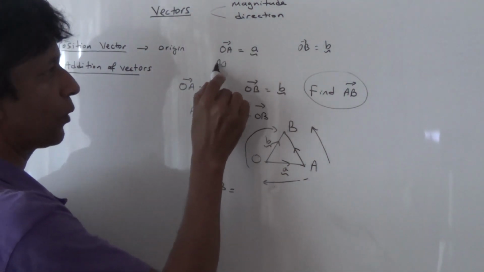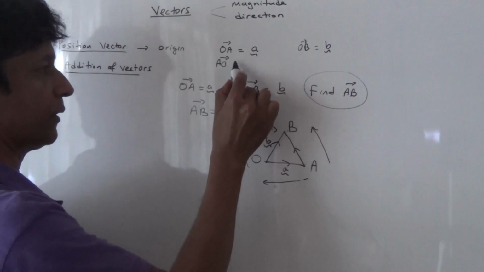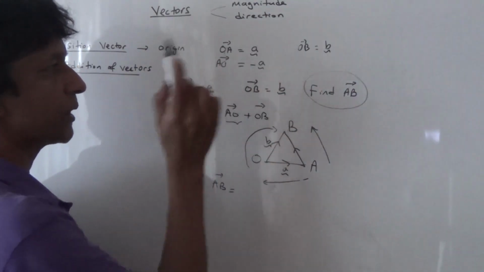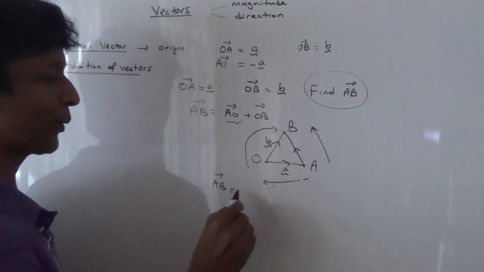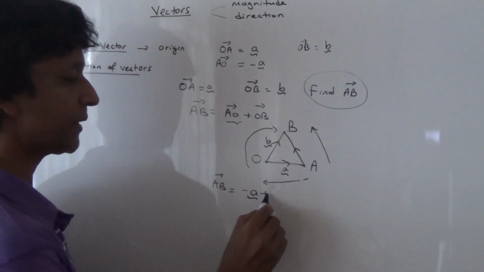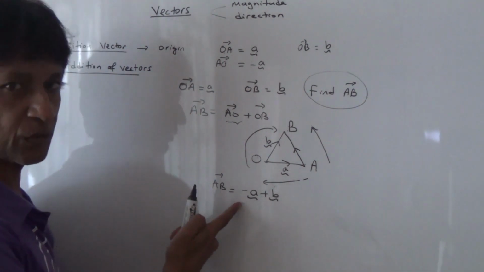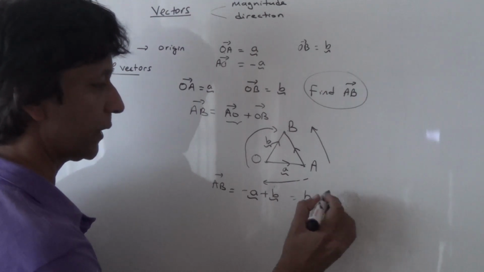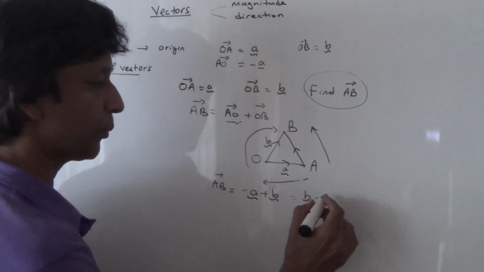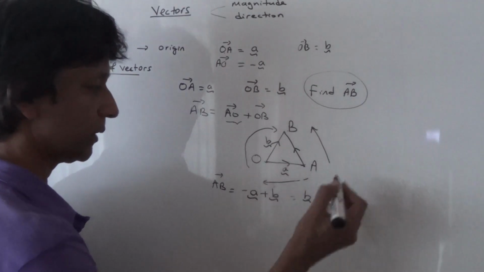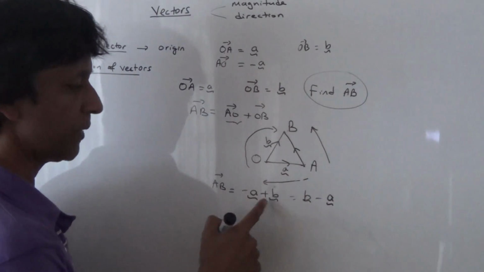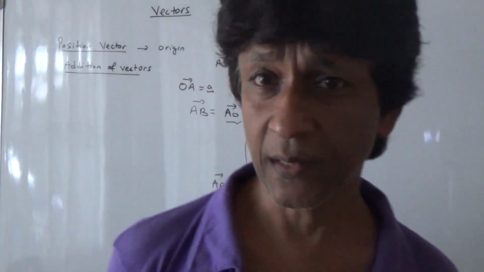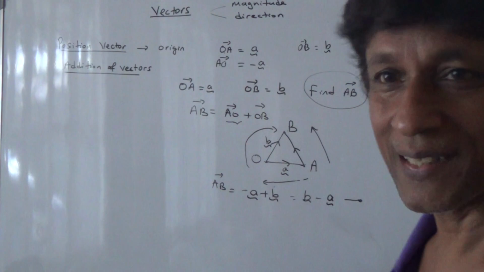Therefore AO is going to be in the opposite direction, so that's going to be minus A, because if OA is equal to A, AO is equal to minus A. So we get minus A plus B. I can put it in a better way, with the negative sign afterwards: B minus A, and here's your answer. This is how we go about finding a vector by using addition.